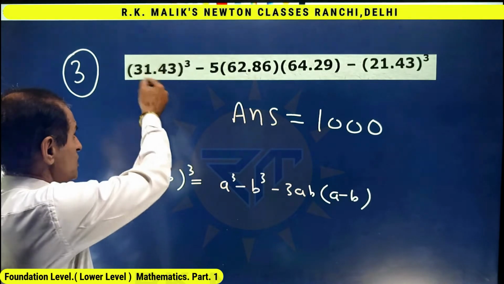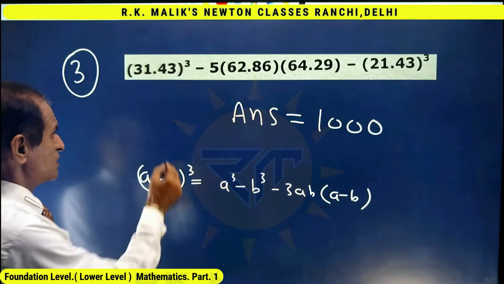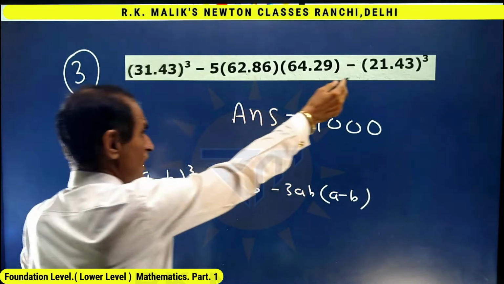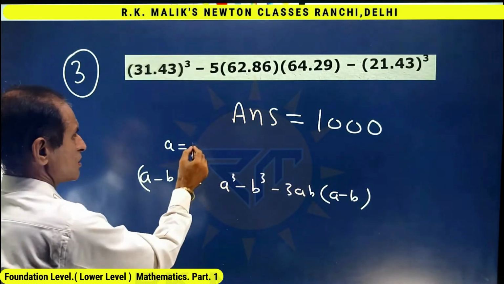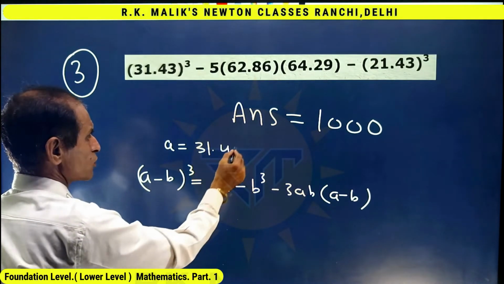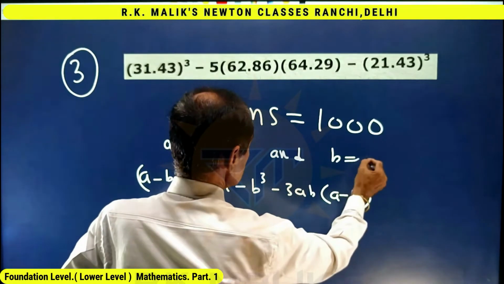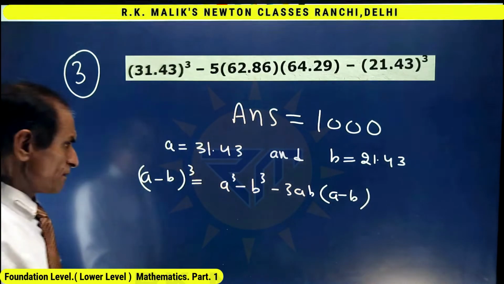I have supposed 31.43 as A and this as B, that is B equal to 21.43.